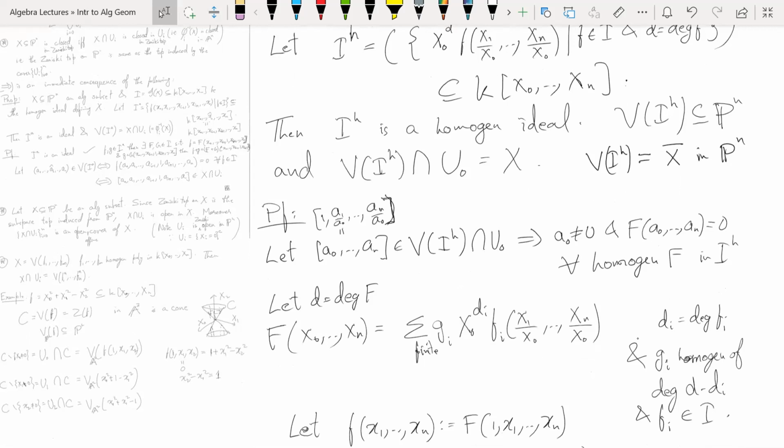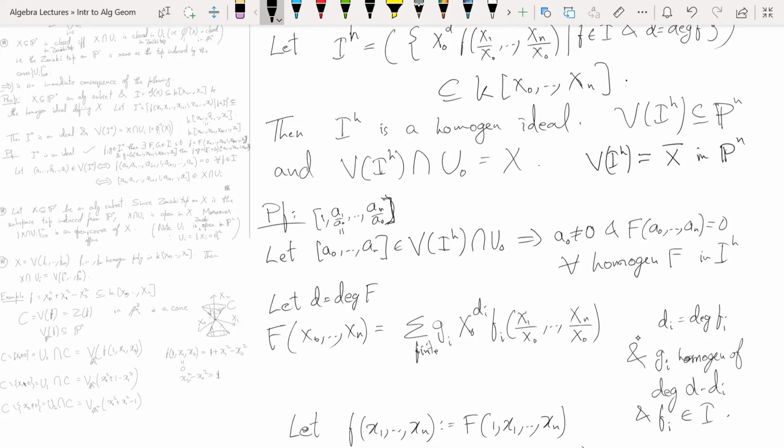Since it is in U0, a0 is non-zero. So this point is the same as [1 : a1/a0 : ... : an/a0], because you just multiply by 1/a0, as we saw earlier. This point belongs to V(I^H) intersection U0 precisely means that a0 is non-zero and F(a0, ..., an) is 0 for all homogeneous F in I^H.